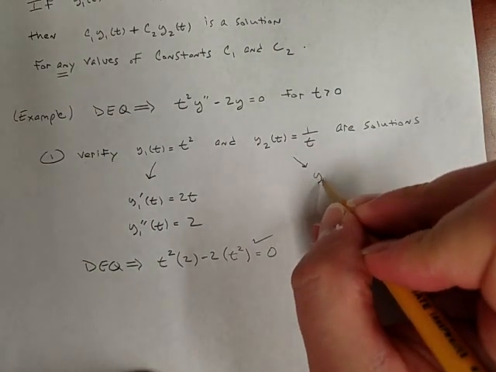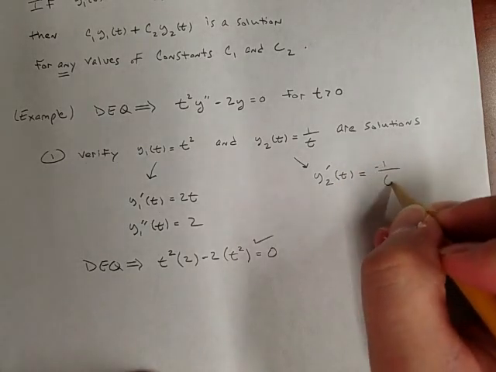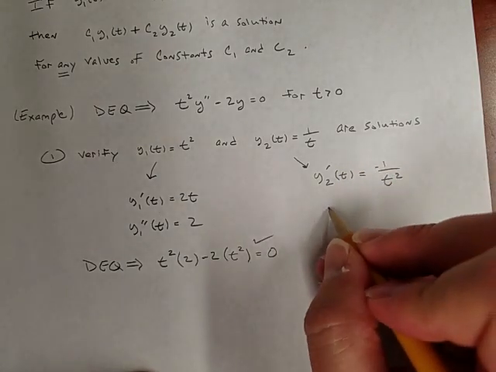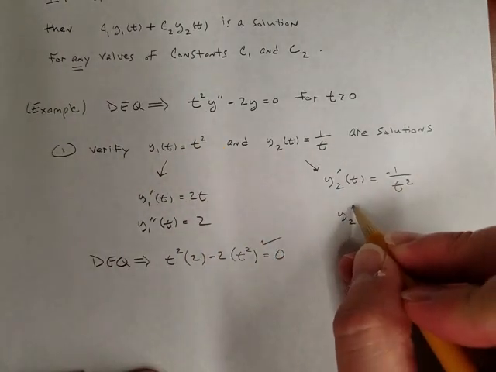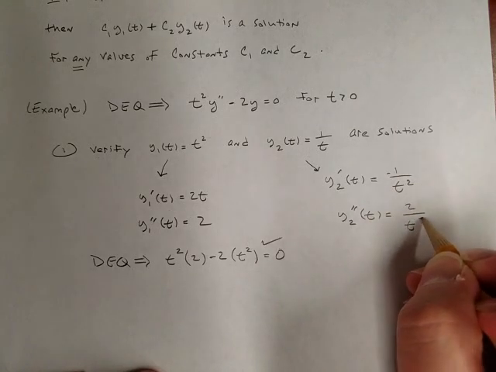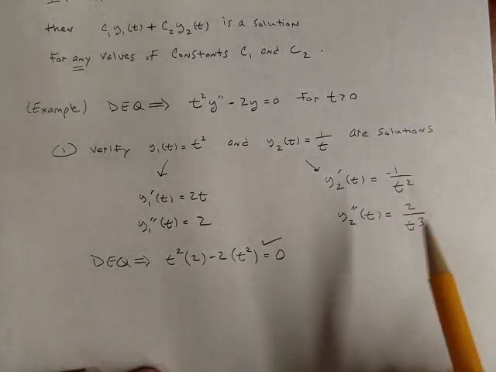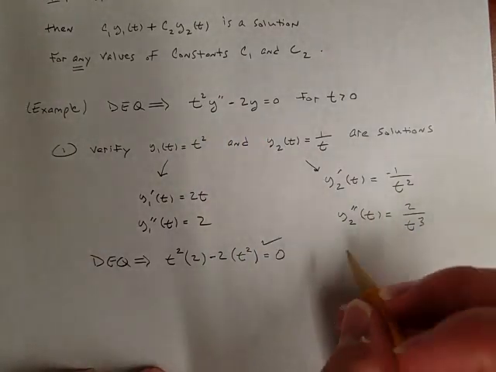Well, this one wouldn't be too much different, but let's work it out over here. So y2 prime, it's going to be negative 1 over t squared. And we need the double prime, y2 double prime. 2 over t to the third power. It's not so much different than that one. Can it work also up there? Let's see.